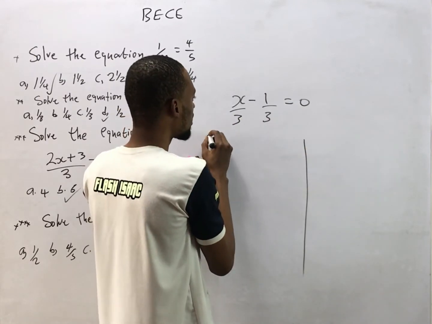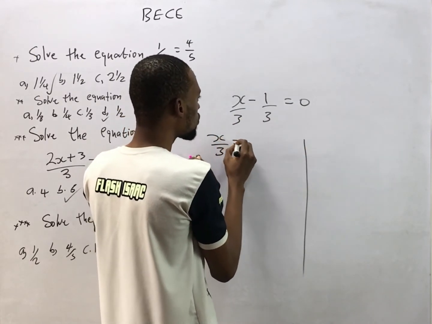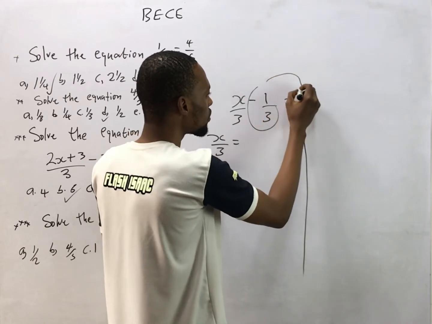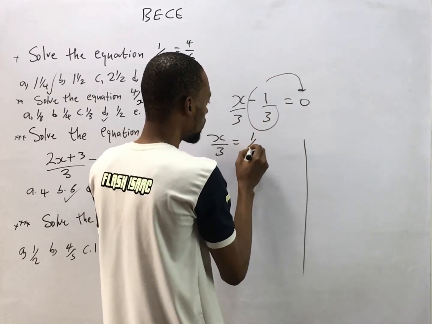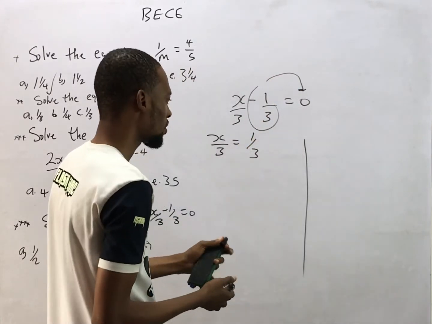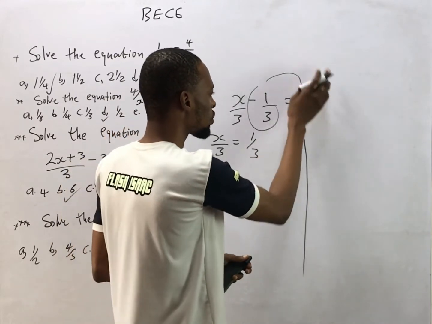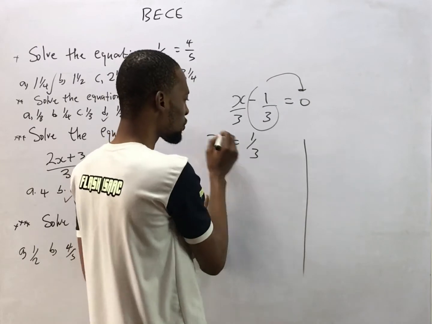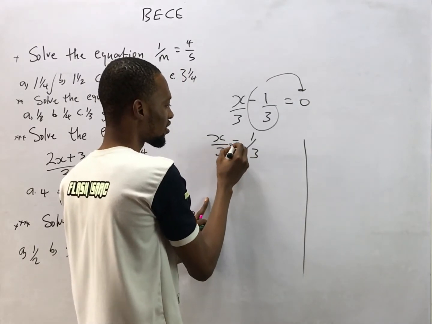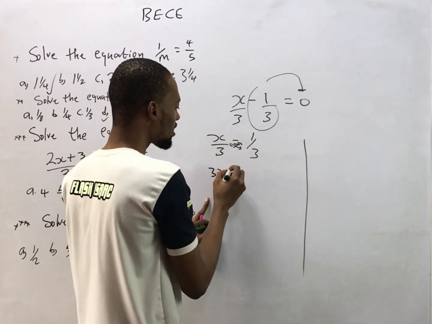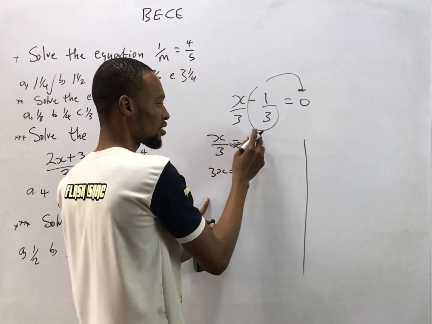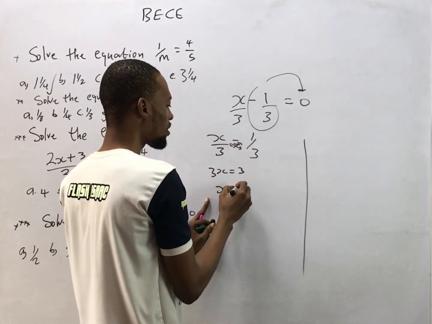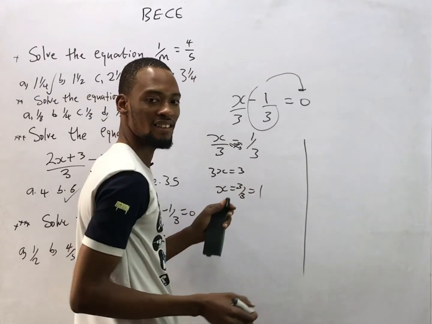You can say s over 3 is equal to, everything here goes this way to give you plus 1 over 3, because this will give you 0 plus 1 over 3 to give you 1 over 3. Then you cross multiply to have 3s is equal to 3. So s will give you 3 over 3 equals 1.